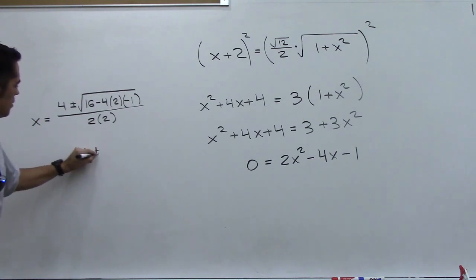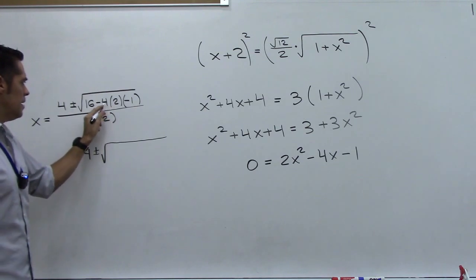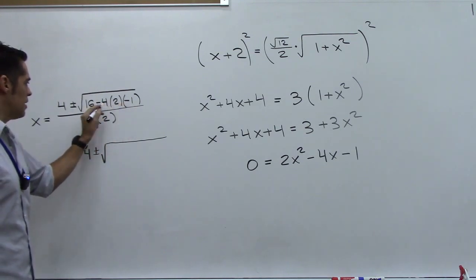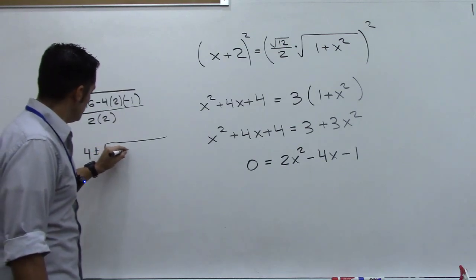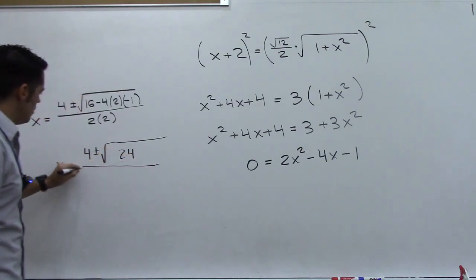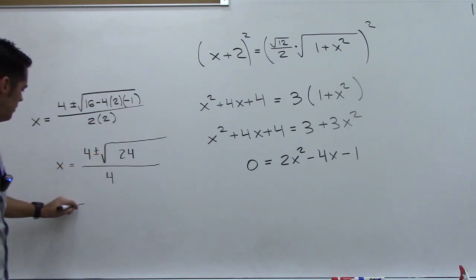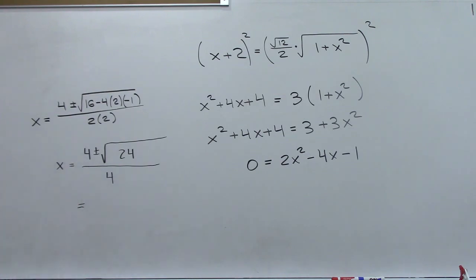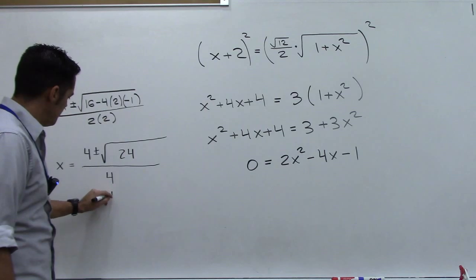4 plus or minus the square root of, let's see, this is going to be negative 8, but we're subtracting, so plus 8. 16 plus 8, that's going to be 24, all over 4. And what can I do here? I can pull a 2 out of there, right?